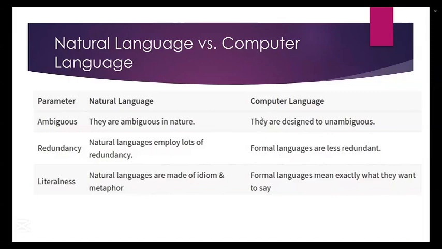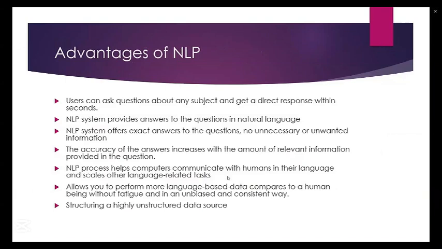Computers always need direct actions. So we need natural language processing to create direct instructions to the computer, so that the computers will give the better output. Otherwise it will always mislead the output.